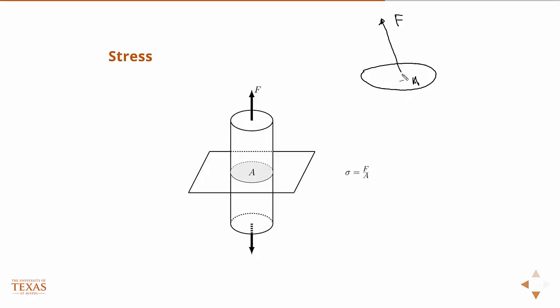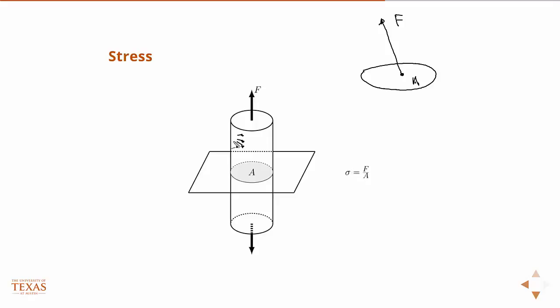And really, stress is a point-wise quantity, meaning we idealize a body as a continuum, and mathematically what that means is there's an infinite number of little points, right? So if I were to fill up this whole cylinder with points, and I could draw an infinite number of them, right?